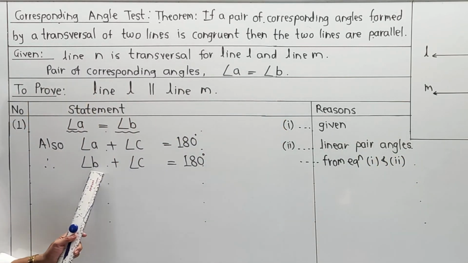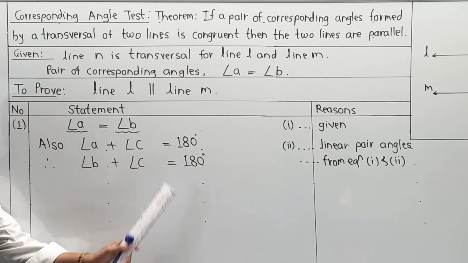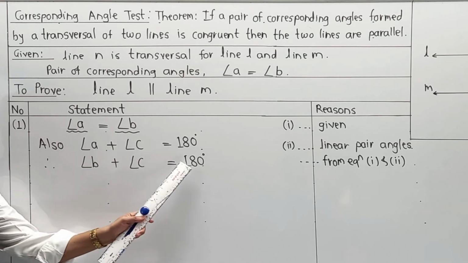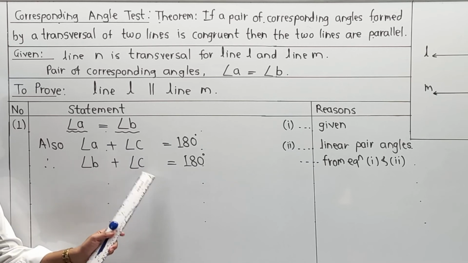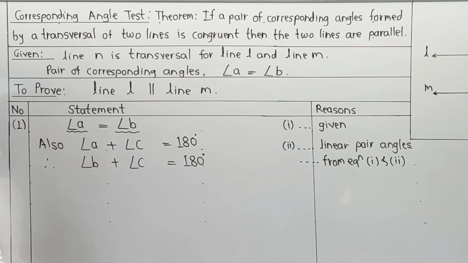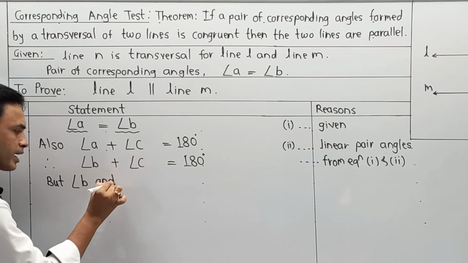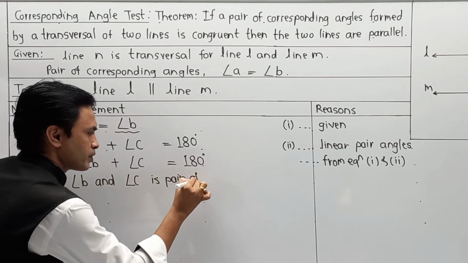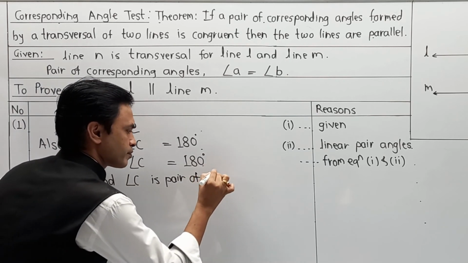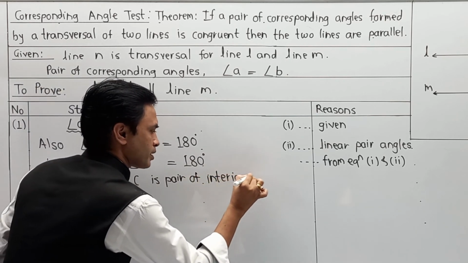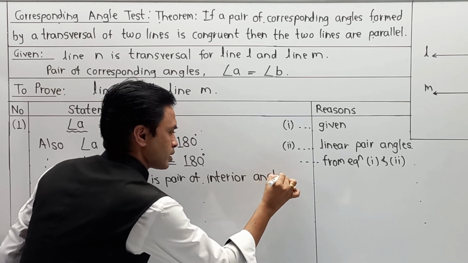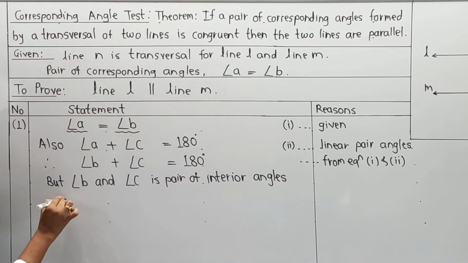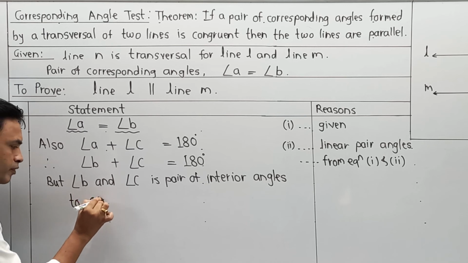Now here, angle B plus angle C is equal to 180 degrees, but angle B and angle C are nothing but a pair of interior angles to one side of a transversal.